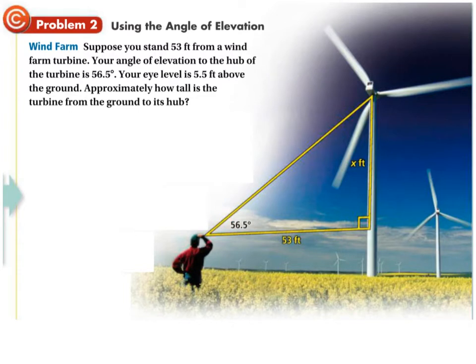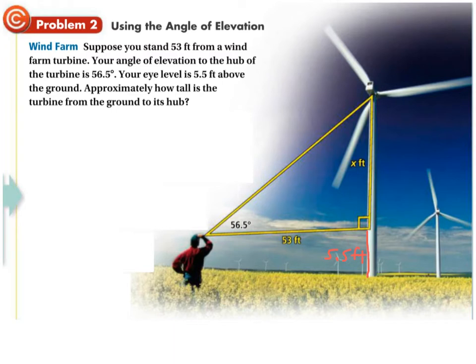That's worth filling in here. This distance right here to the actual ground is 5.5 feet, and that's going to become relevant in a minute. But right now, because your eye level is up here, you just have from that level up to the hub is x feet, and we're going to calculate that.